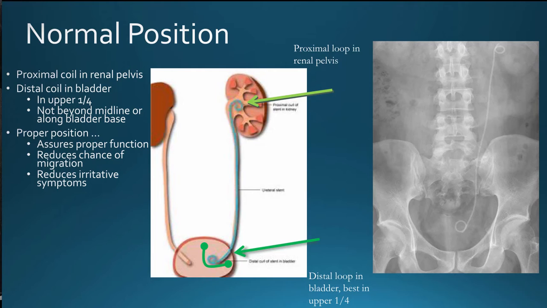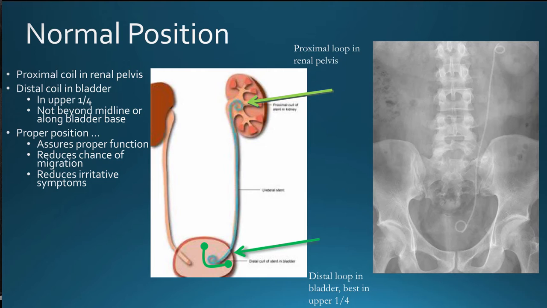On the other hand, you don't want a catheter so long that the distal aspect is up against the bladder wall or bladder base, creating unnecessary irritation and potential for actually migrating out the urethra.